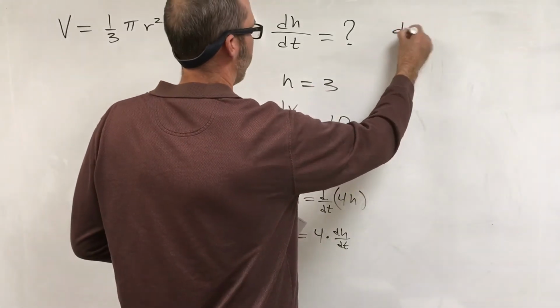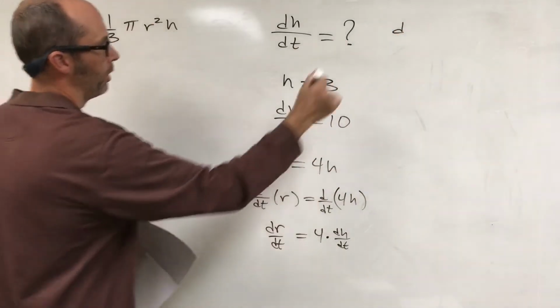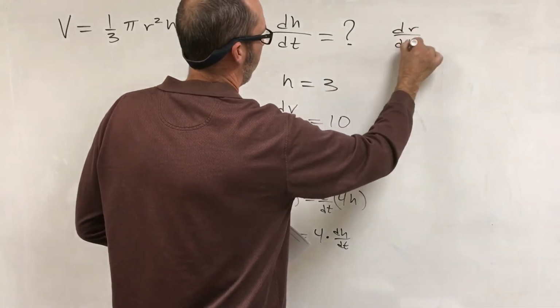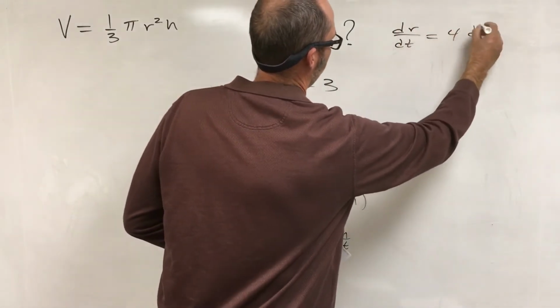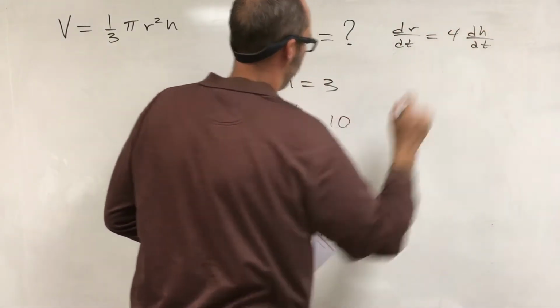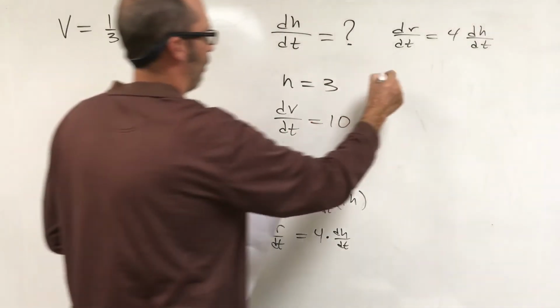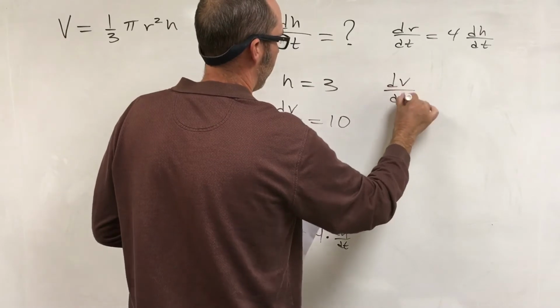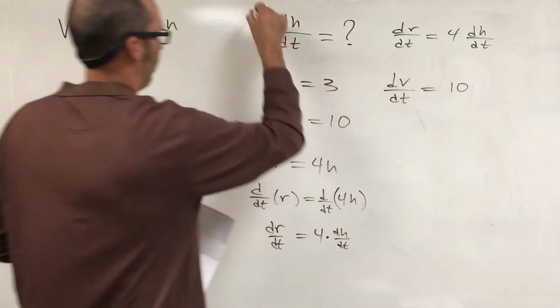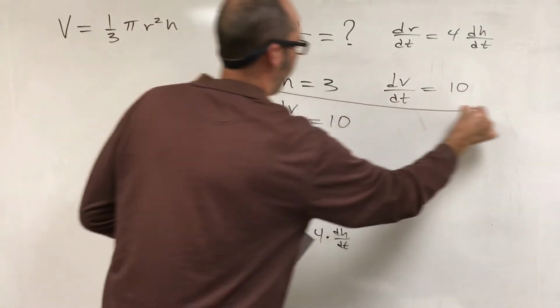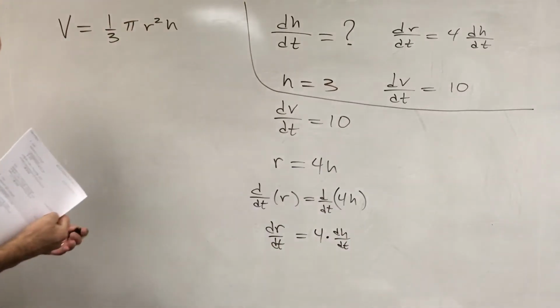Let's write that over here: dR/dt is 4 dH/dt. And dV/dt is 10, so I'll save that information there.